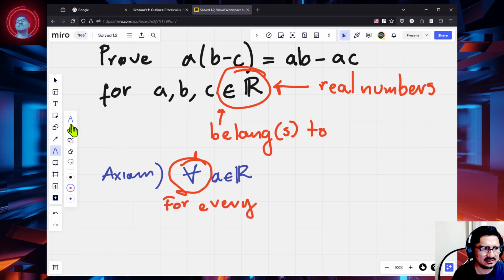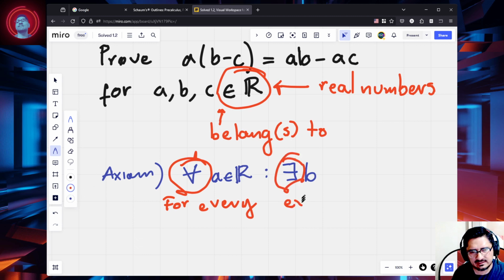And as you can see, now we have this notation for every real number, and then we state that there exists, another quite strange symbol. Remember, this should be read as exists. Of course, another real number because we are working with real numbers.